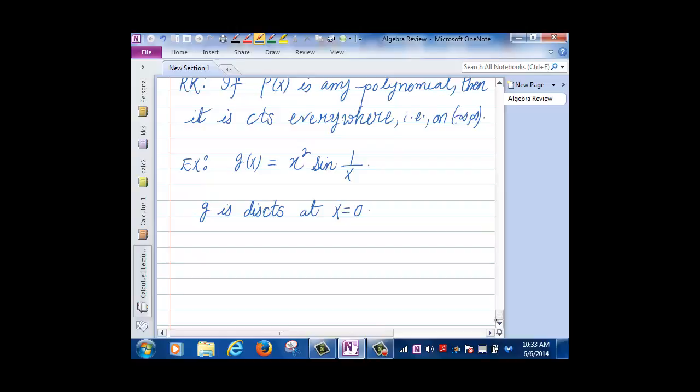So for a removable discontinuity, you should know that the two-sided limits must exist and be equal. The right-hand limit and the left-hand limit must exist at that point and they must be the same. Then you can redefine the function at that point by taking f to be equal to the limit value at that point.